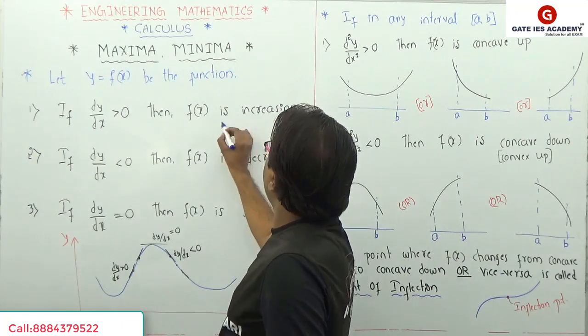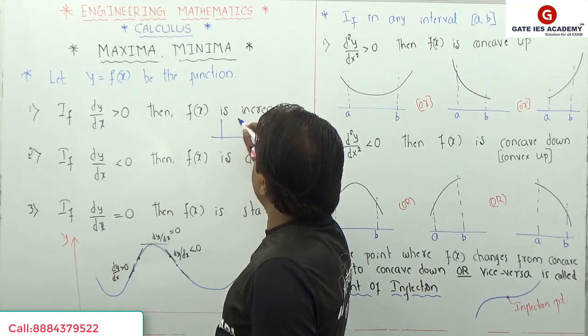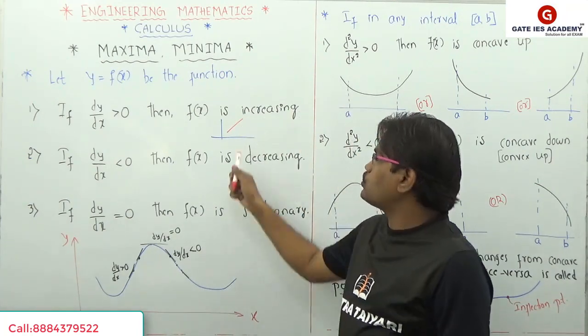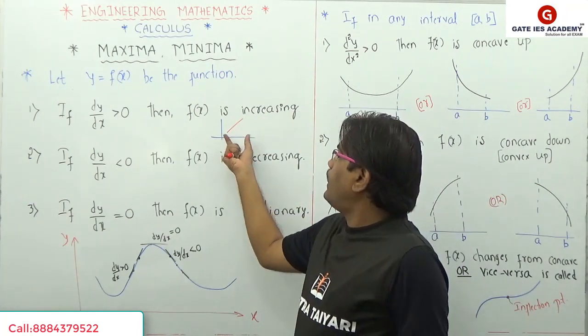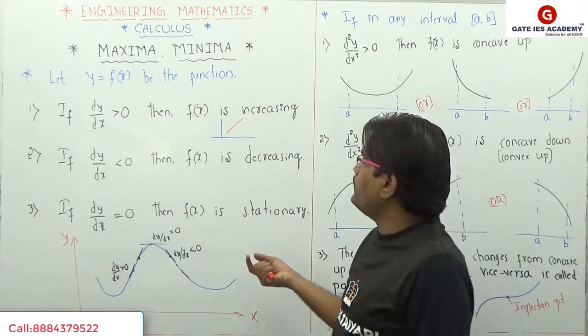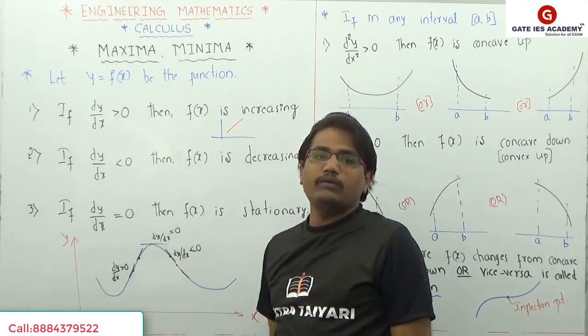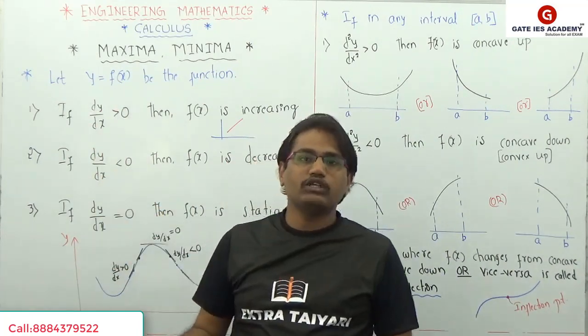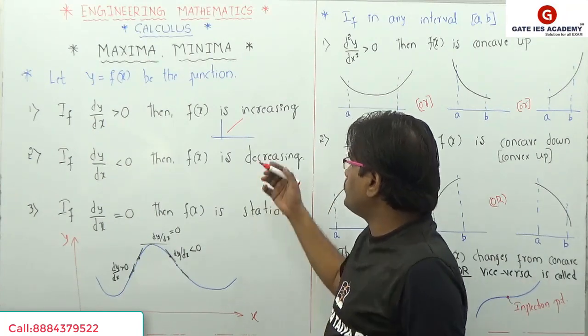If I take an xy coordinate like this, a positive slope will be like this. Here as x increases, y is also increasing, so dy by dx will be positive. Change in y and change in x are both positive.